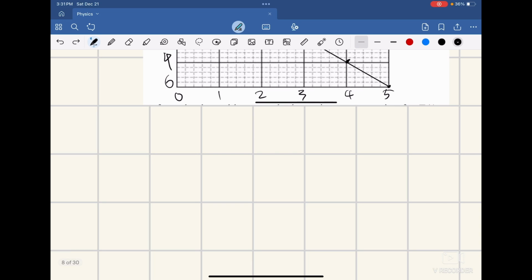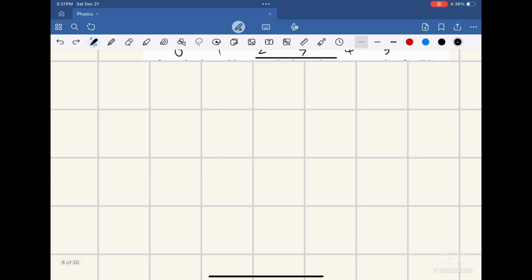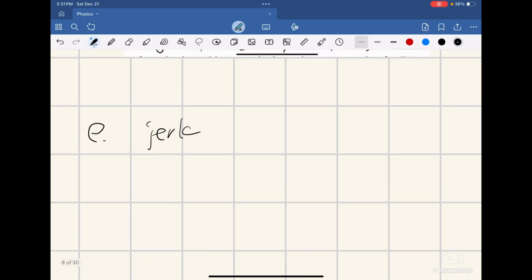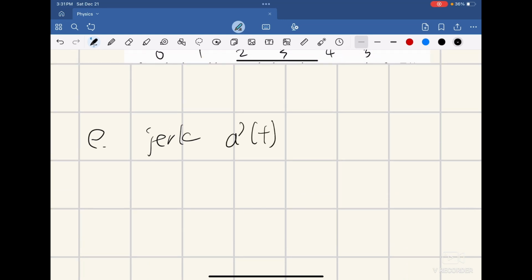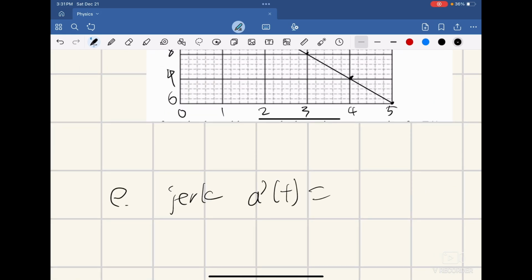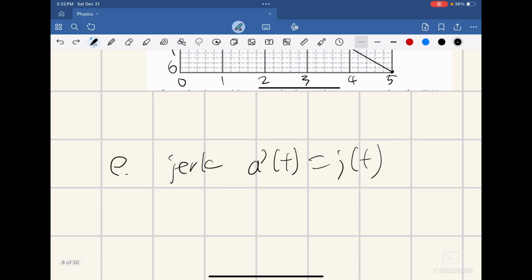For part E, we're asked what information can be extracted from the acceleration versus time graph in part D. We can find two things mainly. The first is jerk, because the derivative of the acceleration, which is equal to the slope, is the jerk. The notation doesn't matter, it's just a variable: A prime of t is equal to j of t.